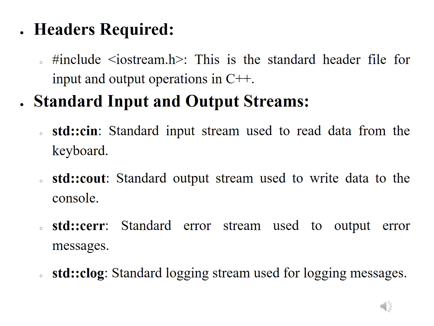The standard input output streams are std::cin, std::cout, std::cerr, std::clog. cin is the standard input stream used to read data from the keyboard. cout is the standard output stream used to write data to the console. cerr is the error stream used to output error messages.